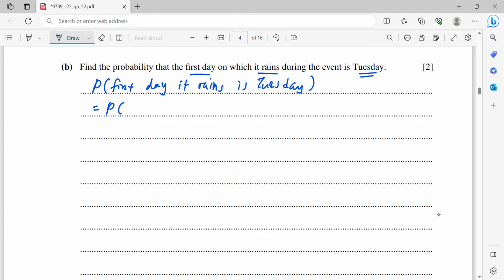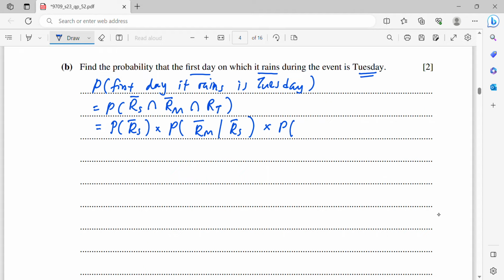That means it will be Sunday not rain, and Monday not rain, and Tuesday rain. So I will say that this is P(R_S') times, you can write like this, Sunday not rain, Monday not rain, times raining on the third day, but then Monday and Sunday will not be rain.